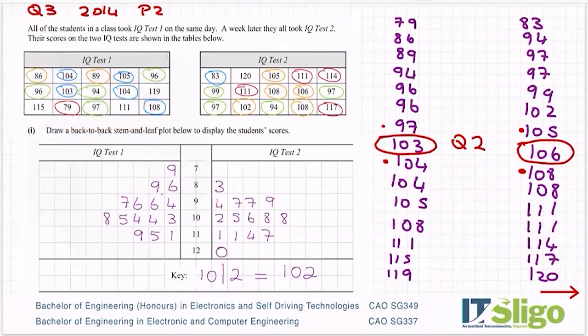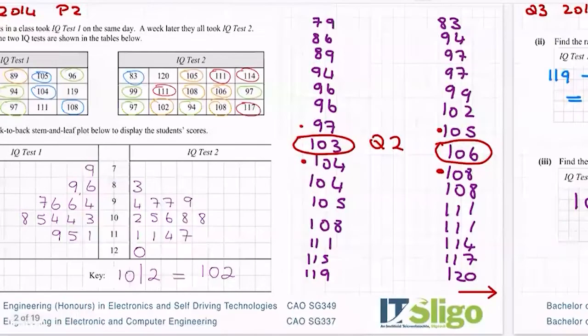Couldn't it be the case that this student who got 103, for example, might have got 94 in the next test? Then he'd have done worse in IQ test 2. Or the student who got 119, the best in IQ test 1, maybe got 111 in IQ test 2. So there's no way of knowing that every student did better.